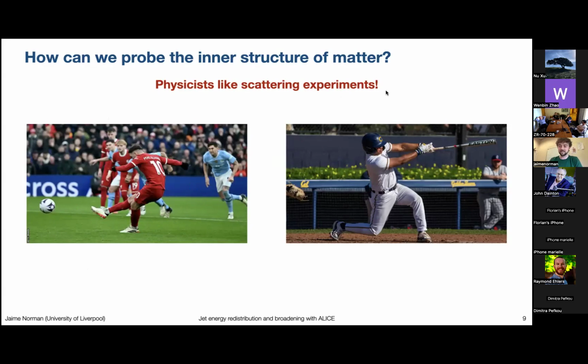I think this is closer to home in Berkeley, the University of California baseball team, where depending on the scattering probability of the ball to the bat, and also the scattering angle, you score a home run or you're out. So this is my bad sporting analogy.